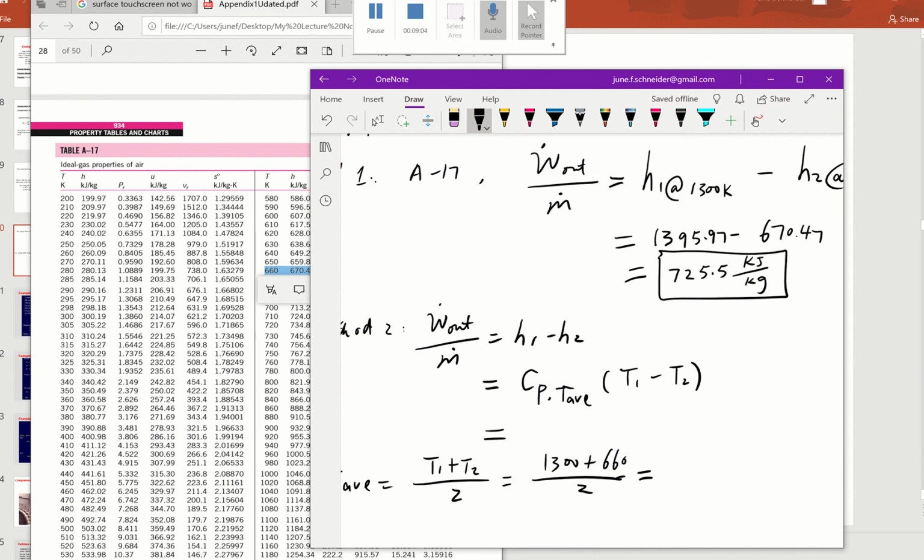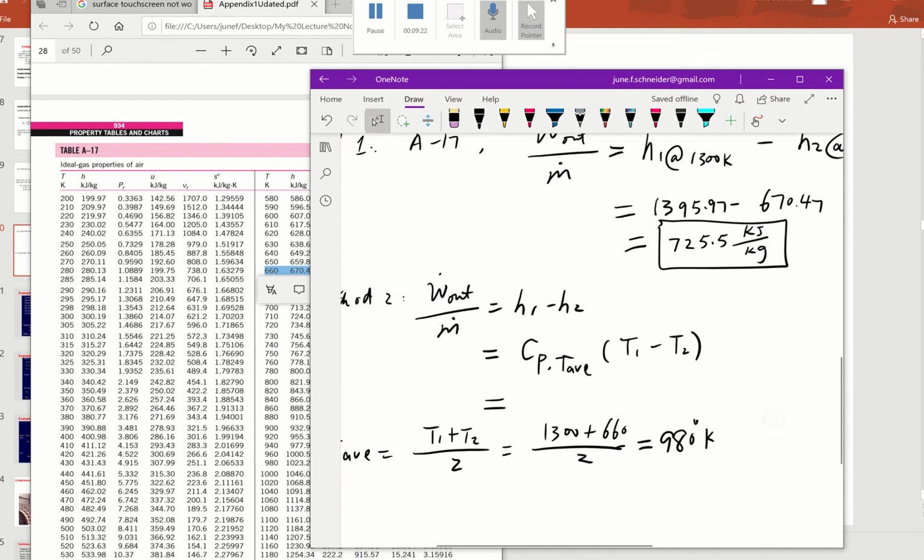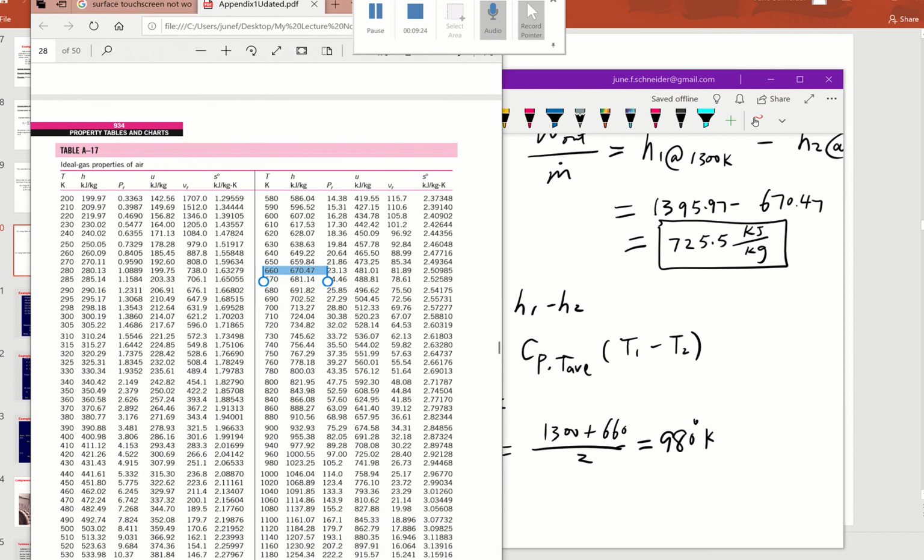Let's see what our temperature is going to be. 1300 plus 660 divided by 2. That's 980 Kelvin. So now we just need to find CP at 980 Kelvin.